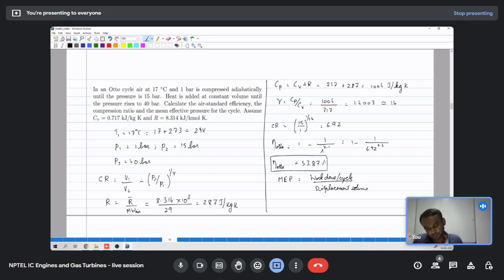Volume can be found by using the conditions at the first state. So we have temperature and pressure given. Using that, we will be able to calculate the specific volume, and with that and the work done per cycle, we will be able to find the mean effective pressure.